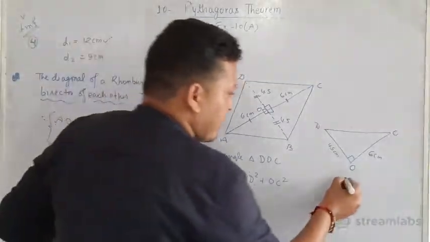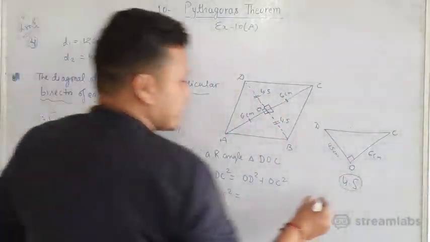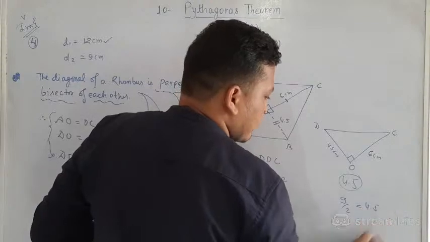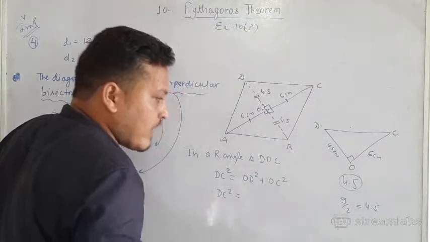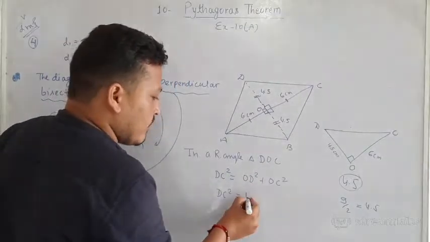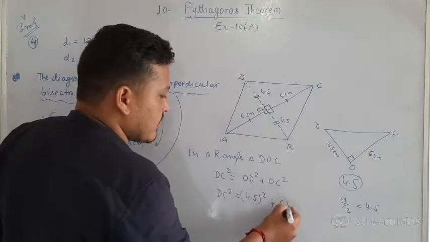Can we write 4.5 like this, sir? Originally it is 9/2. So 9/2 means 2 fours are 8 and 2 fives are 10, that is 4.5. The square of 9/2 is easy. Squaring will be a little easy. Otherwise you can do the square of 4.5 plus square of OC, 6 square.